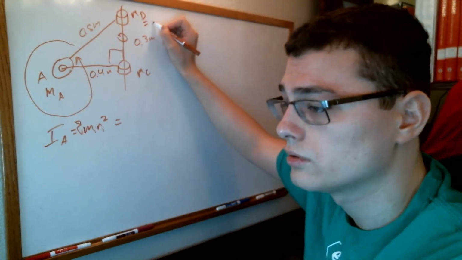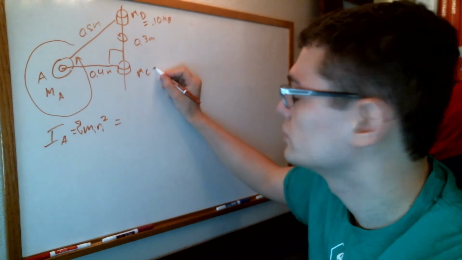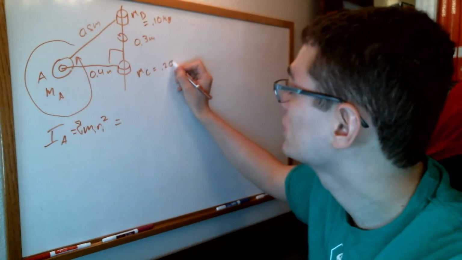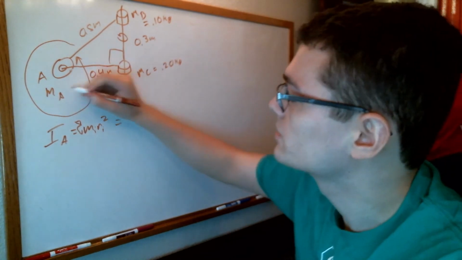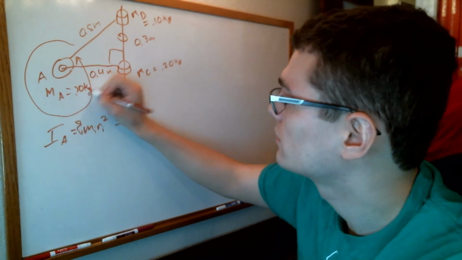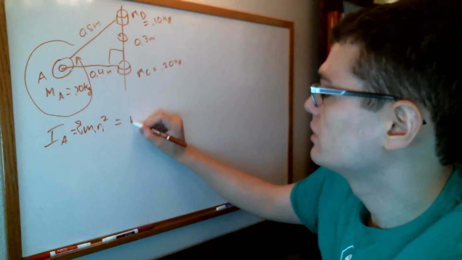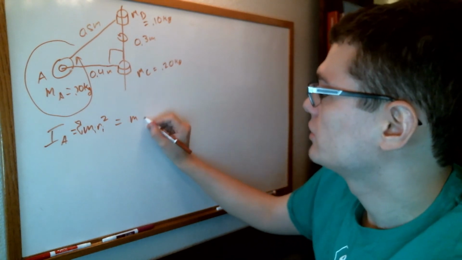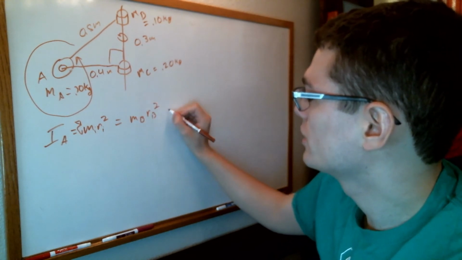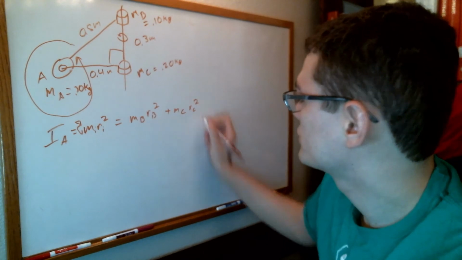This will equal 0.1 kilograms, this will be equal to 0.2 kilograms, and this one's equal to 0.3 kilograms. Okay, so then we have, let's do m_B first, m_B r_B squared plus m_C r_C squared.